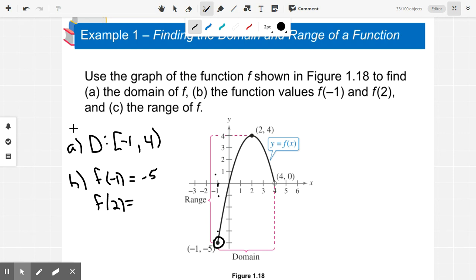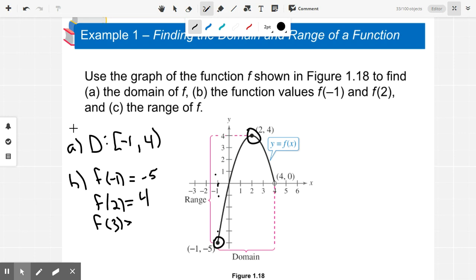What's the function value at 2? Well, here's 2. Where does the graph intersect x equals 2? Right there. What's the y-coordinate when x is 2 for this particular graph? The y-coordinate is 4, so that means f of 2 equals 4. If I wanted to know f of 3, well, here's 3.